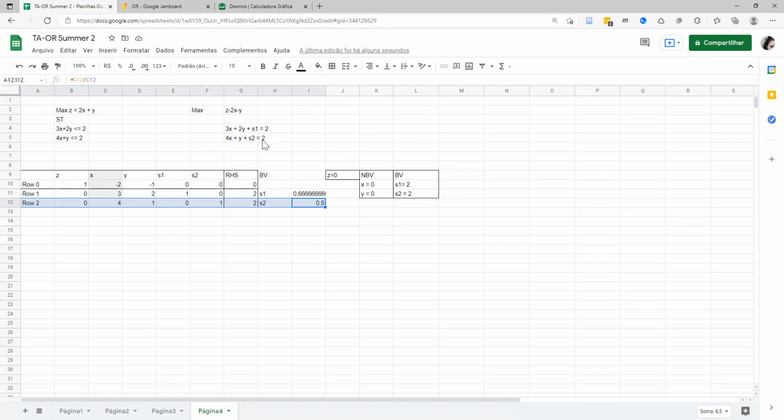The maximum amount that I can increase is going to be half, because it's going to be x equal to 1/2. And here, if all the other variables are 0, this one I can increase by 0.66, 2/3. So the one that is limiting my increase in x is the second constraint. That's why I'm going to use the second constraint to make this operation.